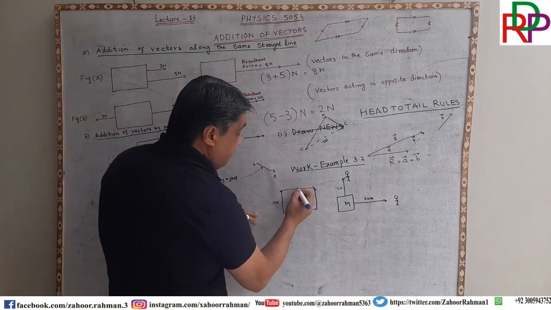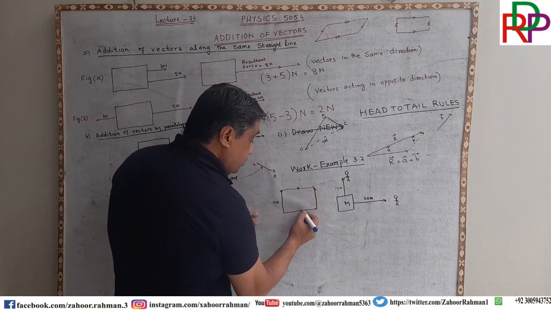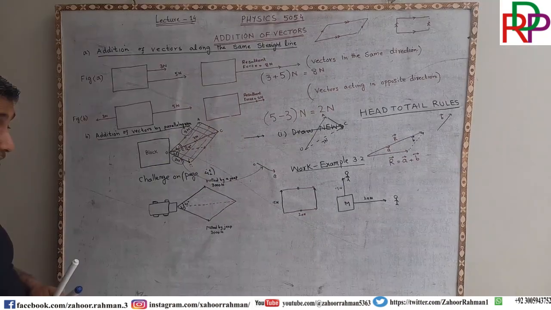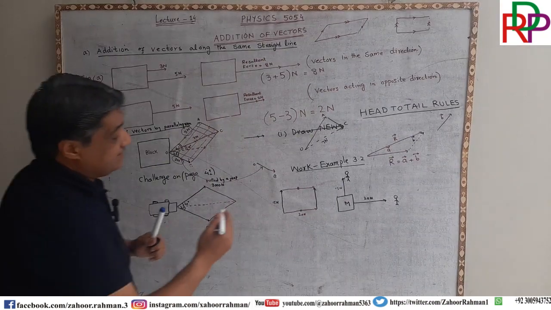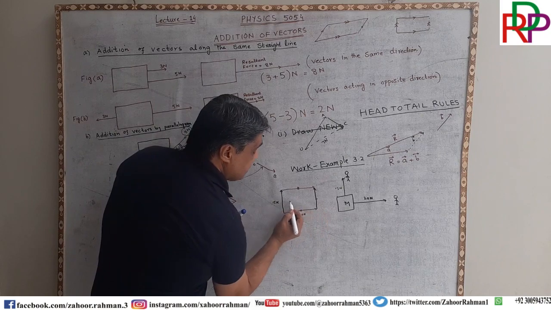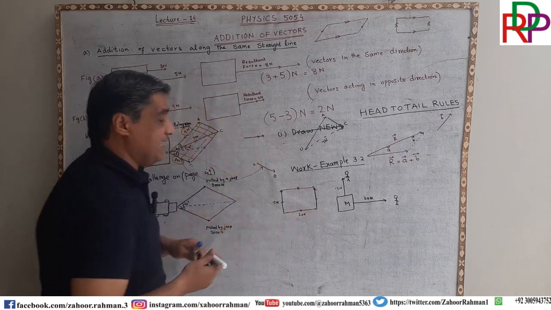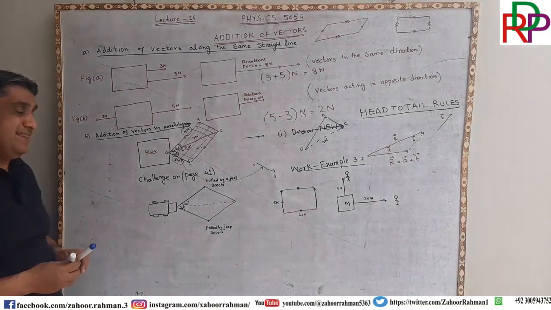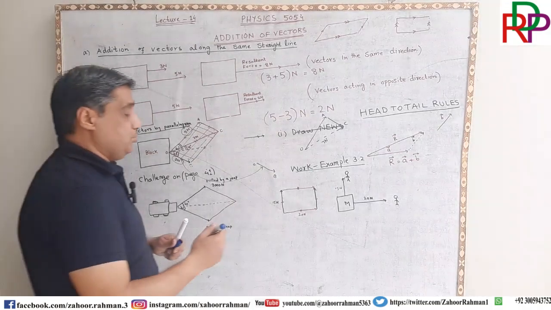This line must be equal to this line in magnitude and in the same direction, and this line must be equal to this line in the same direction and in the same magnitude.